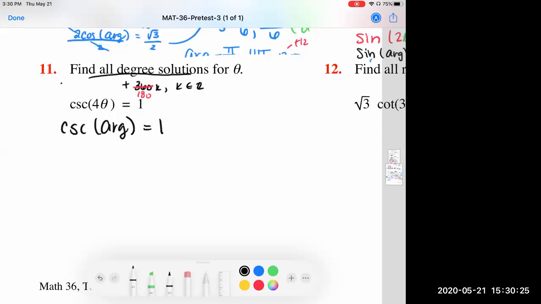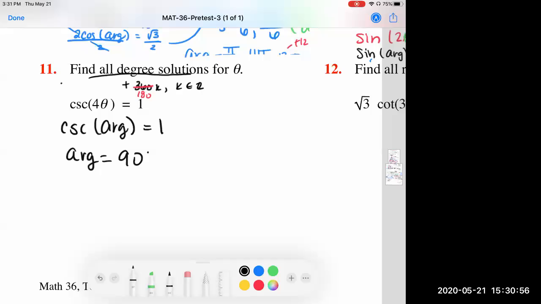All right, so what is cosecant 1? I take a look at my unit circle. We see that cosecant is positive 1 only at 0, right? Wait, I'm looking at the wrong one. At 90, I'm sorry. So cosecant is 1 at 90 degrees, only at 0 comma 1. So arg is equal to 90 degrees.